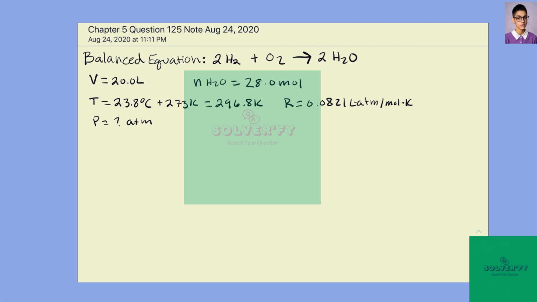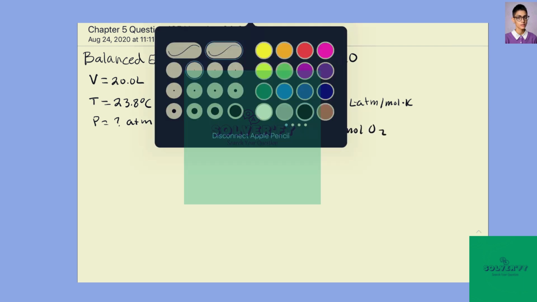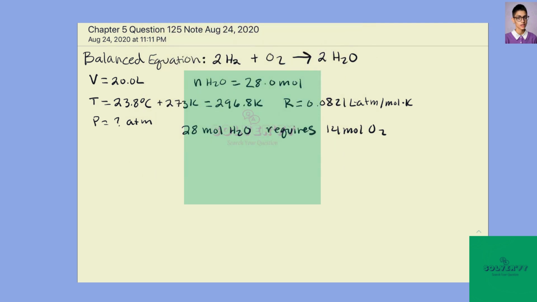All right, so from the balanced equation, we know that if 28 moles of water is what we have, that requires 14 moles of O2. If we look at our balanced equation, for every mole of O2 we have, we come out with 2 moles of water.